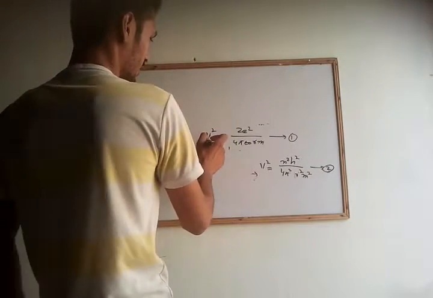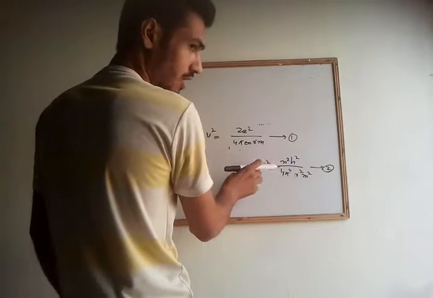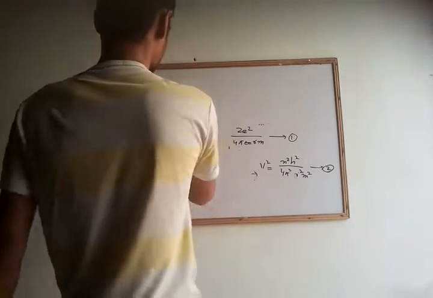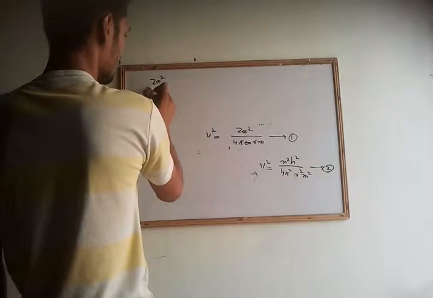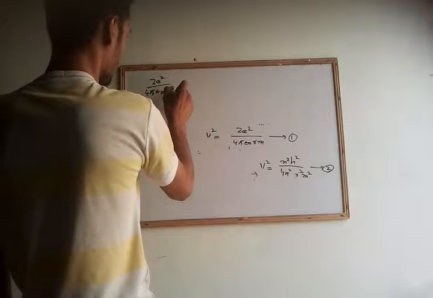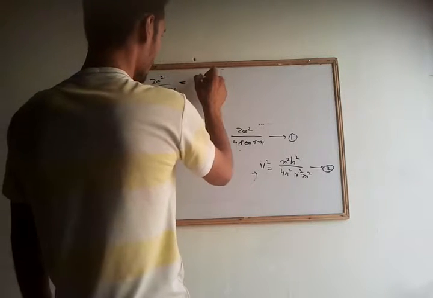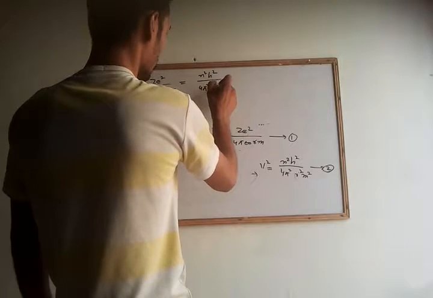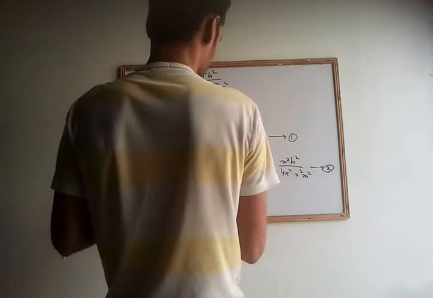Now here v square and here also v square is present, so we will compare both equations: Z e square over 4 pi epsilon naught r m is equal to n square h square over 4 pi square r square m square.